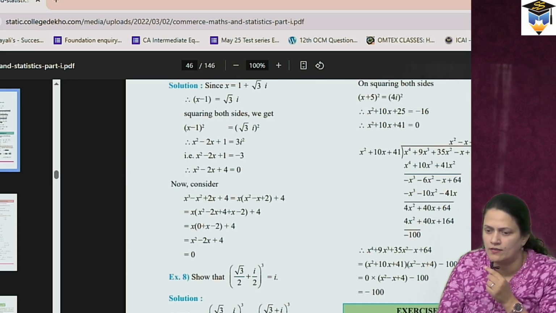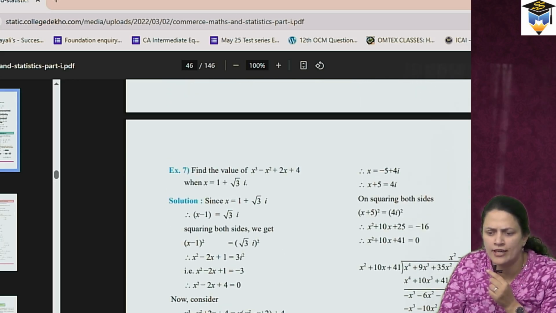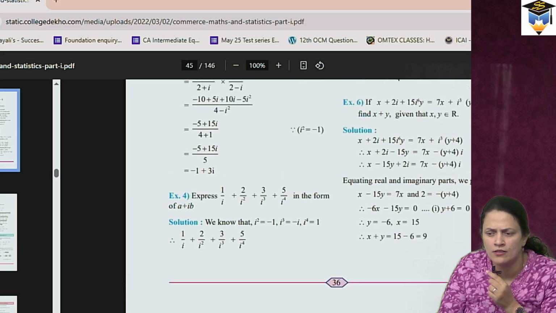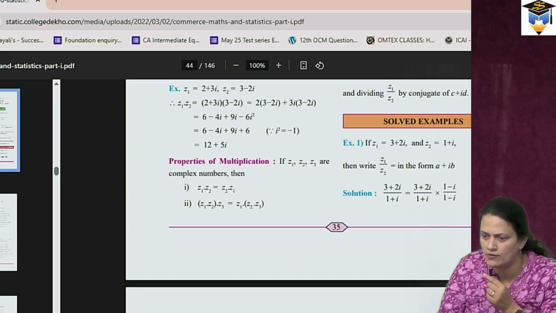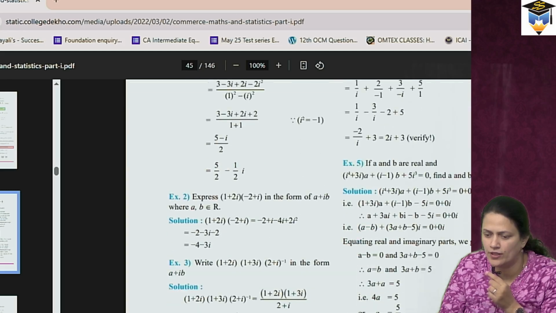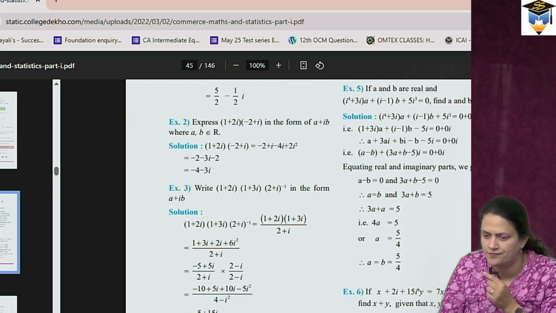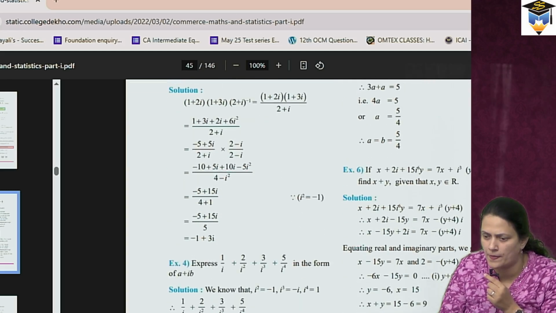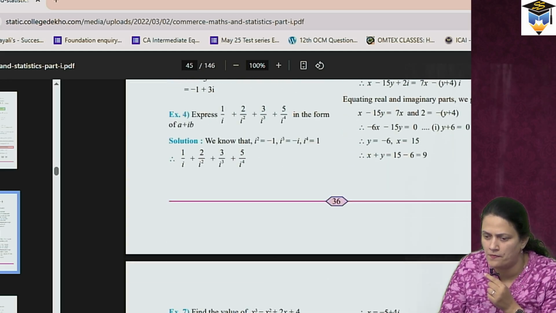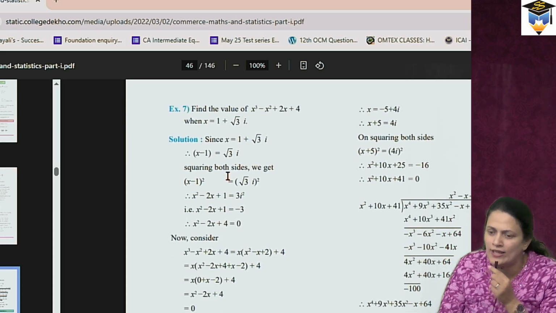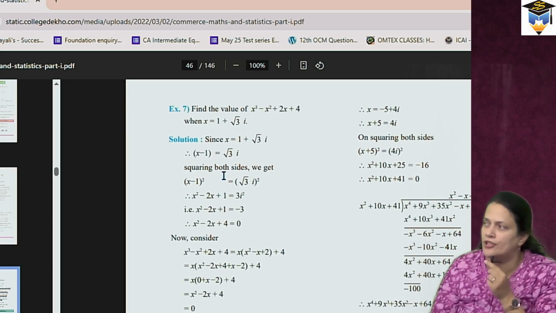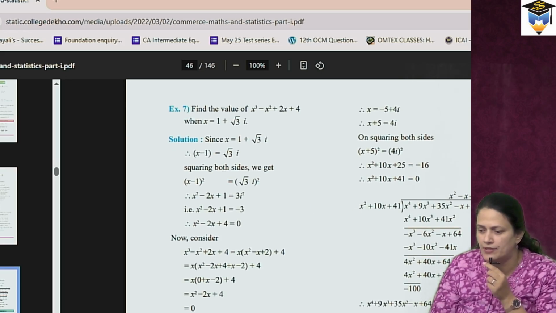Yesterday we had finished with multiplication, division part also, right? Addition, subtraction, multiplication, division. Okay, just go through example number 7 that is given in the textbook. If you can see example number 7.